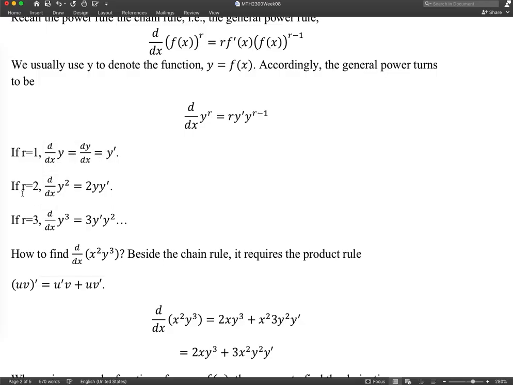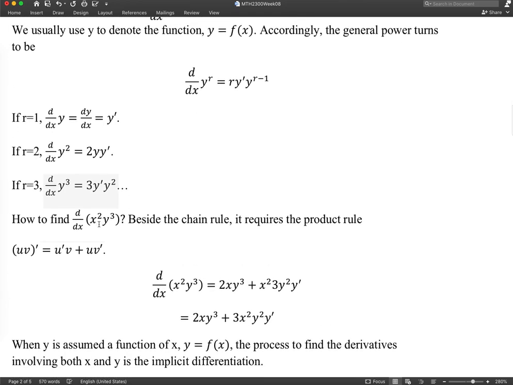And then d/dx of y squared, still keep in mind y is a function of x, so there's a chain rule involved: 2y times y prime. And when r equals 3, d/dx of y to the power of 3 is 3y squared times y prime. General power rule.